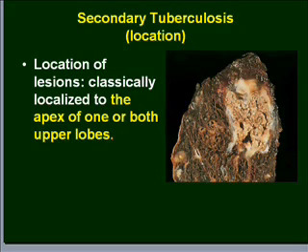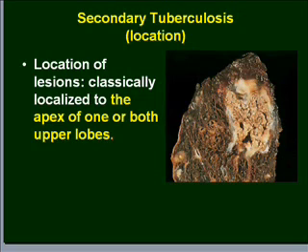It is due to the fact that the apex of the lung has a very high oxygen density compared to the rest of the lungs. So the primary tuberculous bacilli go there, stay there for years, and once there is opportunity, produce a second infection, which is known as reactivation secondary tuberculosis. So the bottom line is that you always check the apex of the lung if you suspect a secondary tuberculosis.